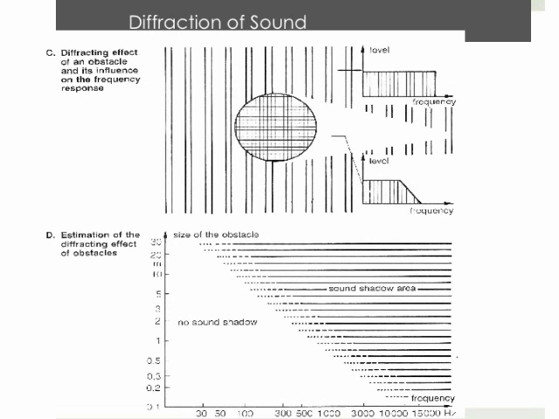Here we see again the shadow effect and also a graph with the estimation of the diffraction effect of obstacles. So this is the size of the obstacle in meters, from a very small one all the way to 30 meters, and the frequency in the bottom.